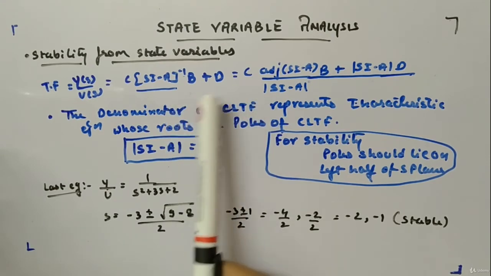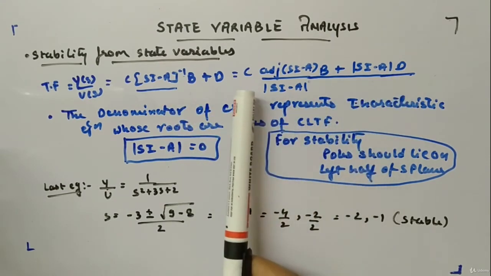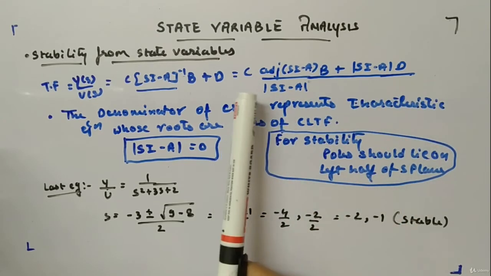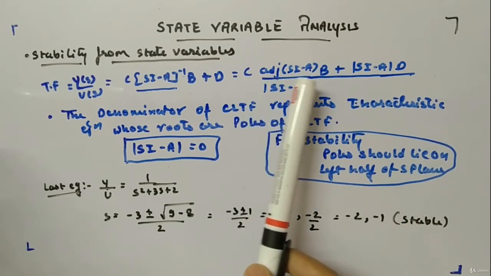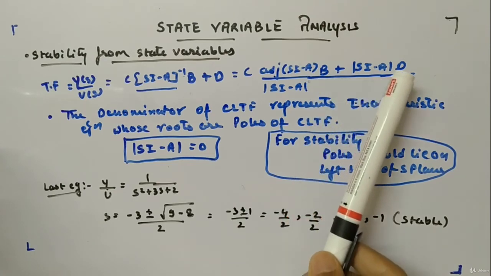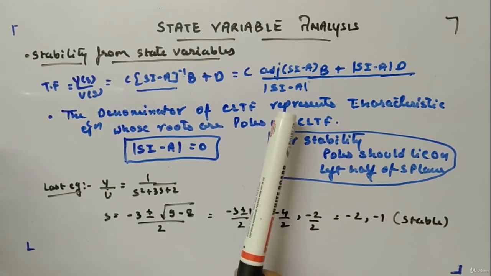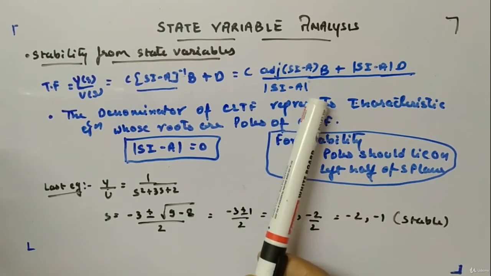Then you take the LCM, it will get multiplied with D as well. So the total numerator is C adjoint (sI minus A) B plus determinant of (sI minus A) into D, divided by the denominator, which is the determinant of (sI minus A).